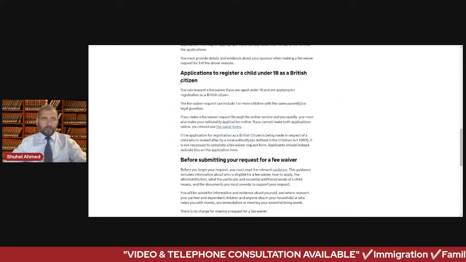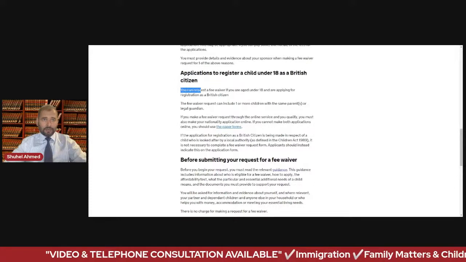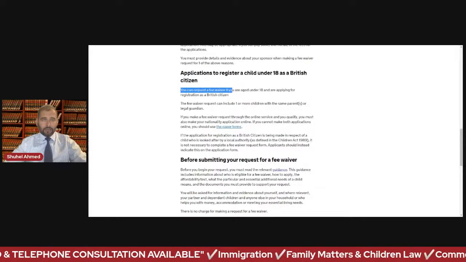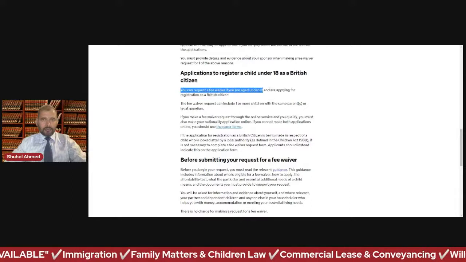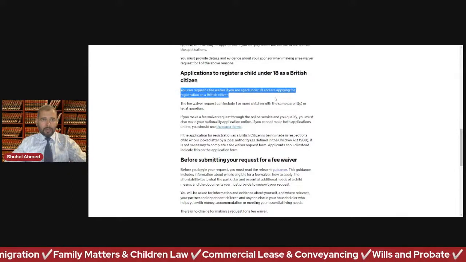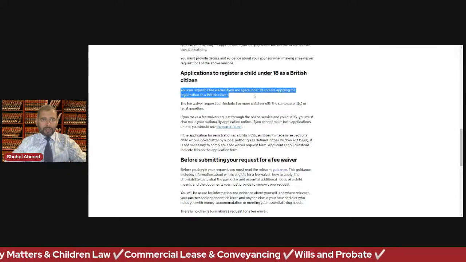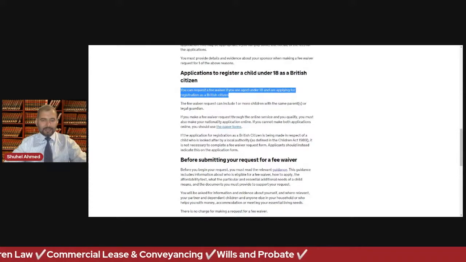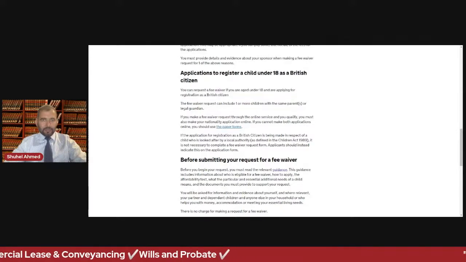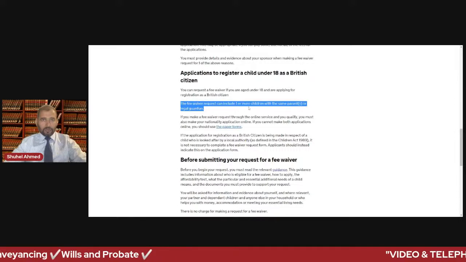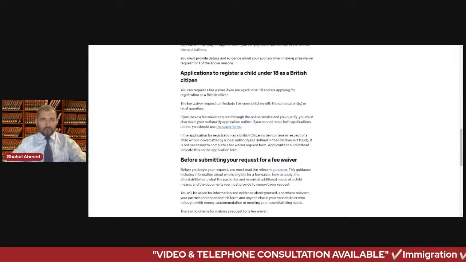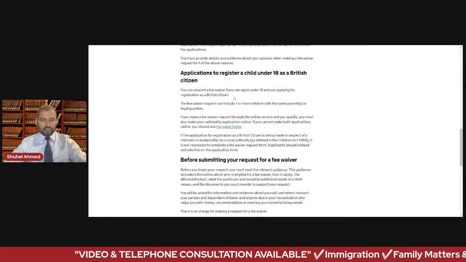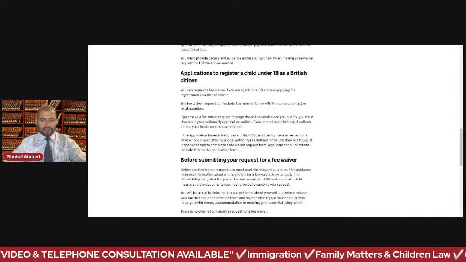Now, for British nationality, you can request a fee waiver if you are aged under 18 and are applying for registration as a British citizen. The fee waiver request can include one or more children with the same person, parents or legal guardian. So this is the first criteria if you want to register your child as a British citizen.